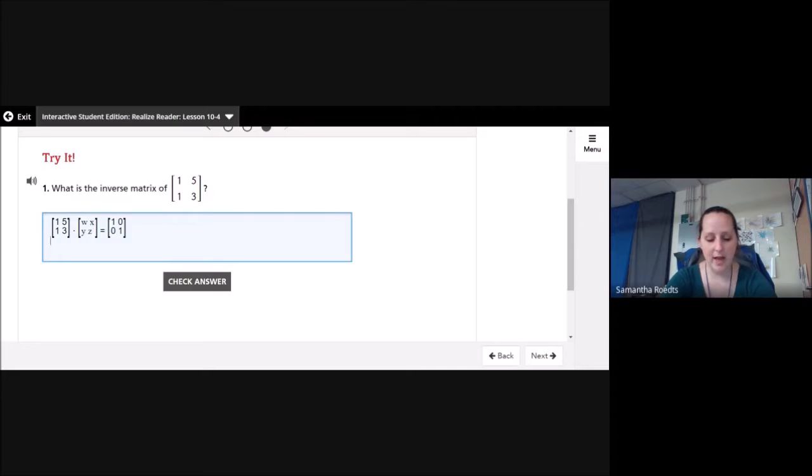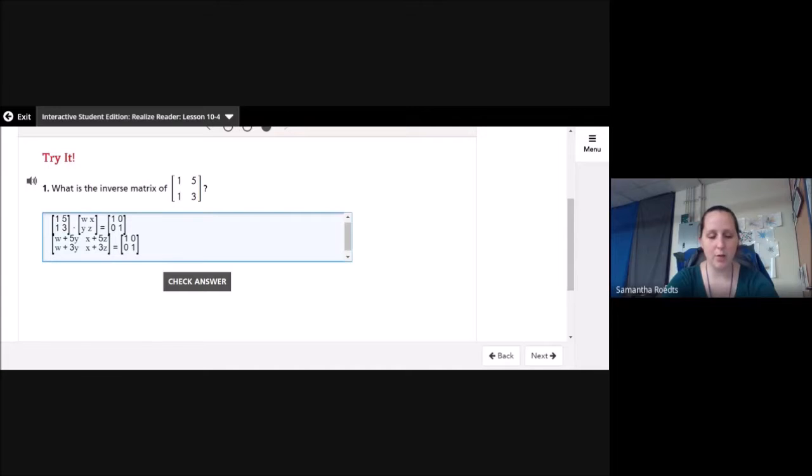Now I can go ahead and multiply through, so I get W plus 5Y, X plus 5Z, and W plus 3Y, and X plus 3Z equals my identity matrix, which is [1, 0; 0, 1].